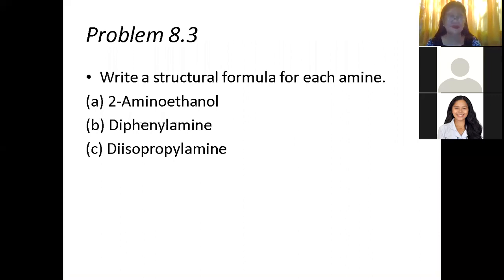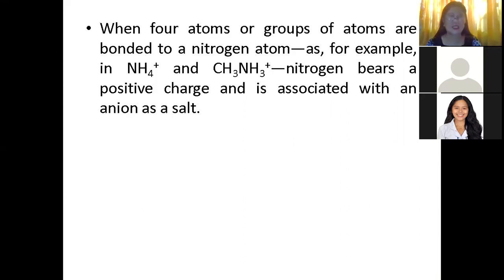Another assignment also. Okay, so when 4 atoms or groups of atoms are bonded to your nitrogen, this will always bear a positive charge. This is the amine group.